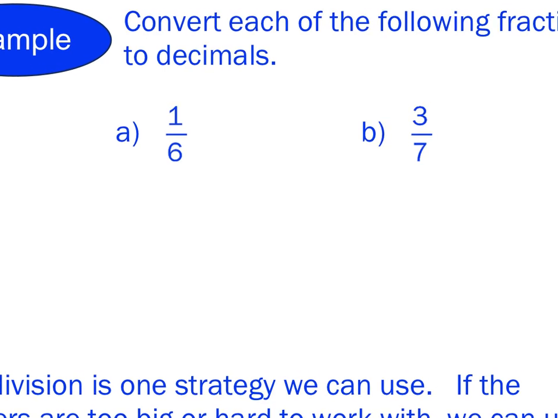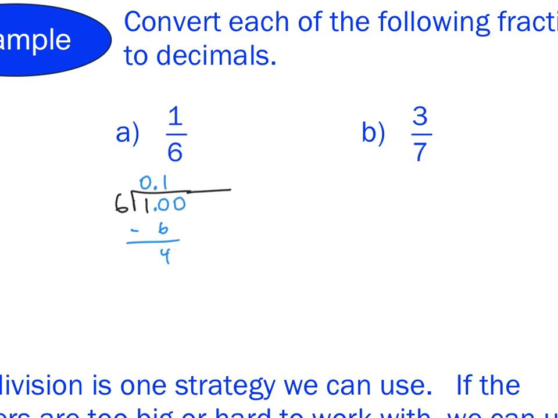So how many 6s go into 1? Of course the answer is 0. We'll put decimals on top and bottom. We'll add a 0. How many 6s go into 10? 1 six is 6. 10 minus 6 is 4.